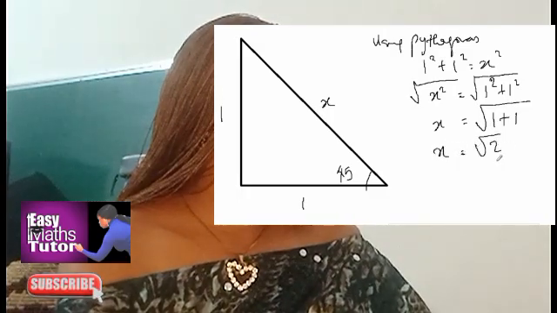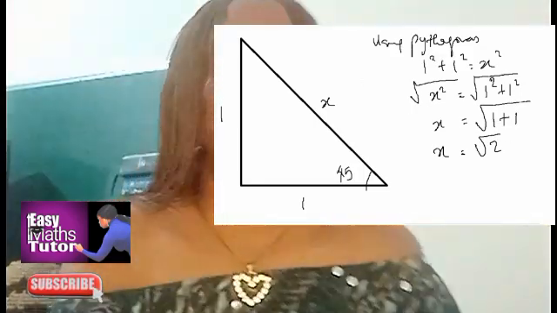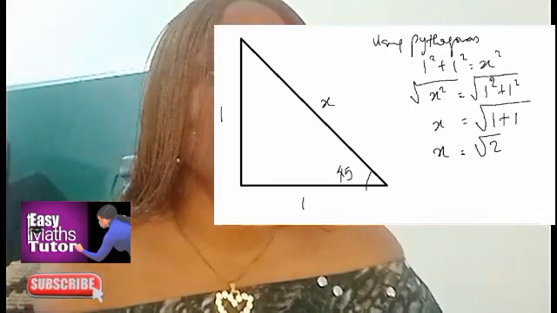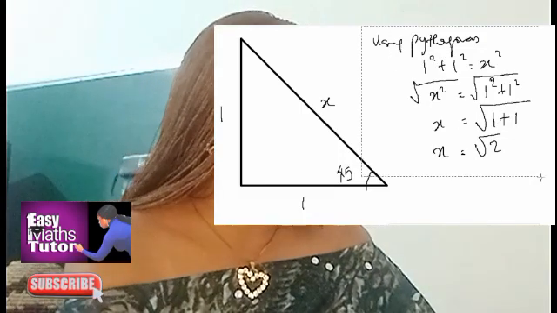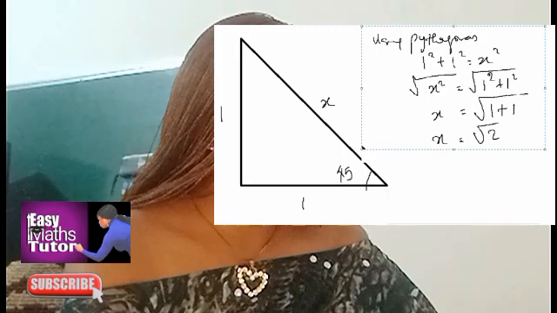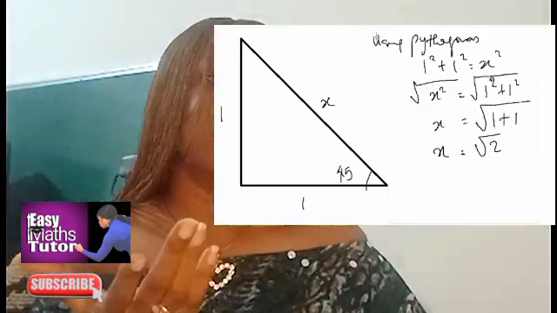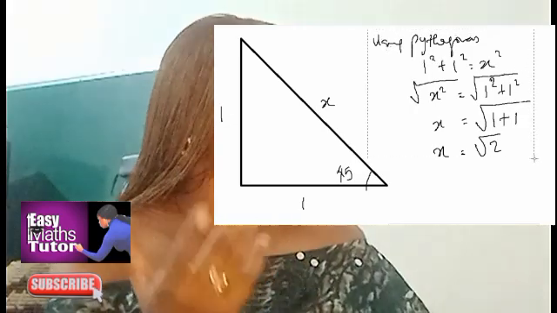Okay, now let's try another method to find that side using trigonometric ratios. We are going to use sine. The sine trigonometric ratio stands for opposite over hypotenuse.